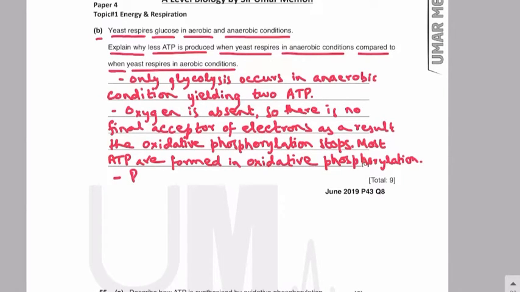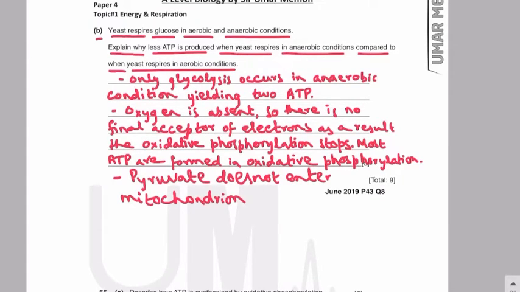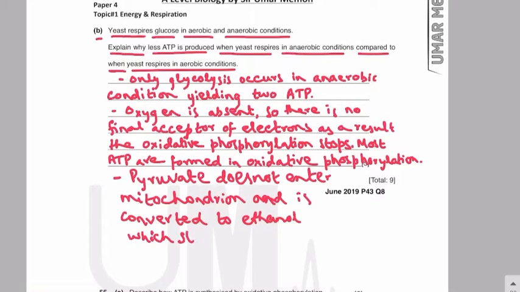So pyruvate does not enter the mitochondrion because oxygen is absent, and is converted to ethanol, which still contains energy, or which is still energy rich.